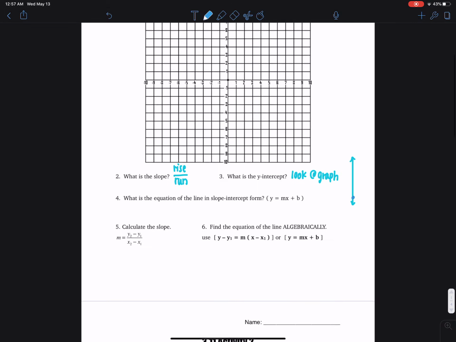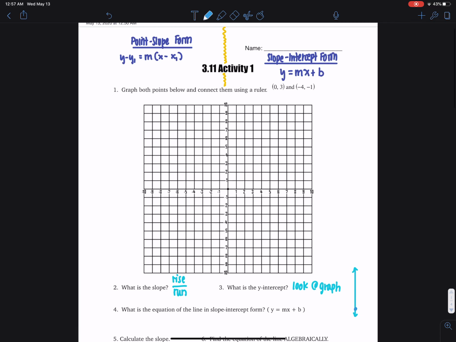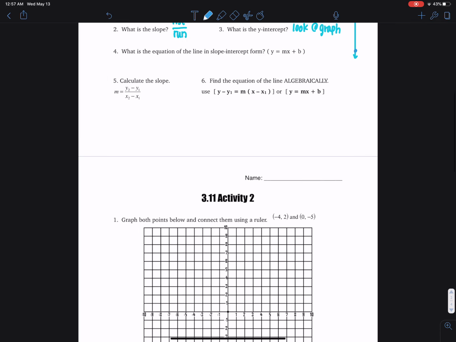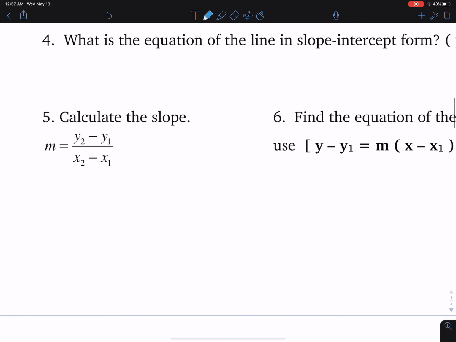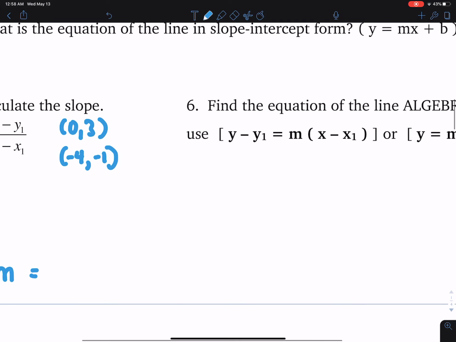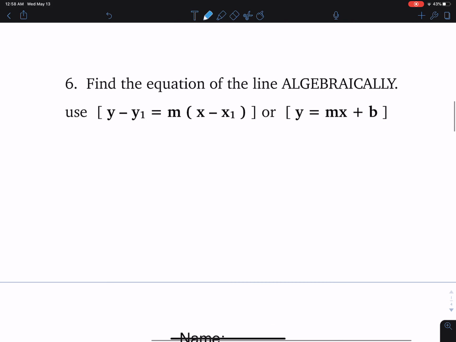So you're using the points that you're given, which are (0, 3) and (-4, -1). So you're going to find the slope, and you should get one single rational number for your slope, and then find the equation of the line algebraically.